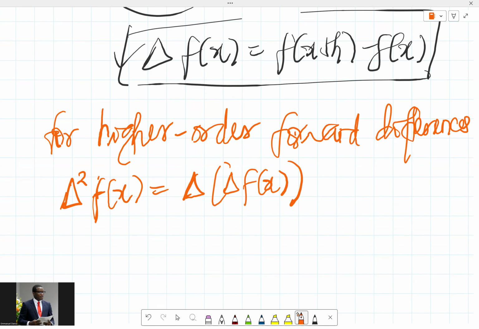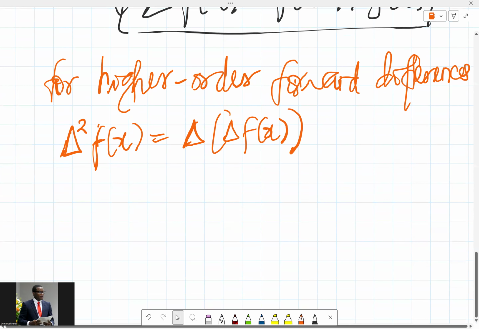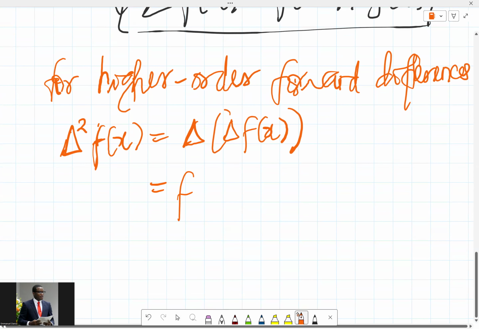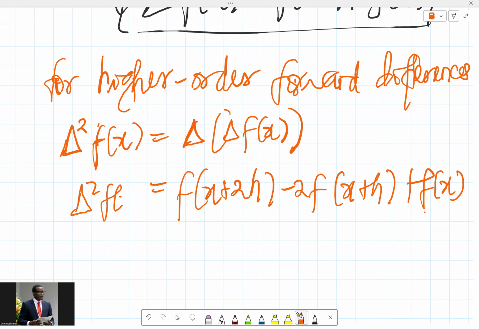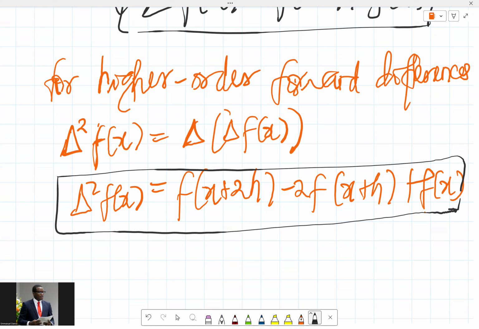That means we have f of x plus 2h minus 2 f of x plus h plus f of x. That is what delta squared f of x would be like. That's the second difference, so you may want to keep this in mind. It's really important.